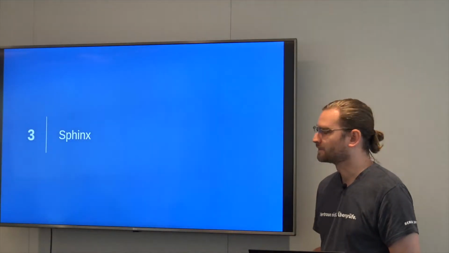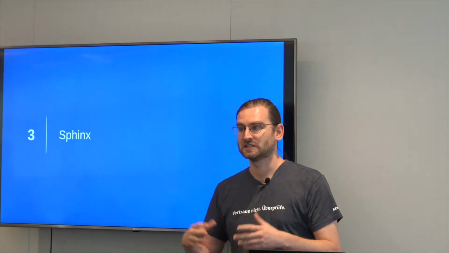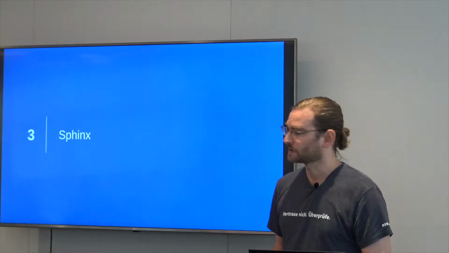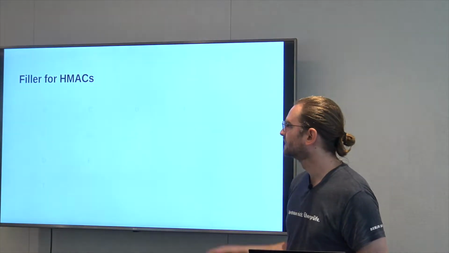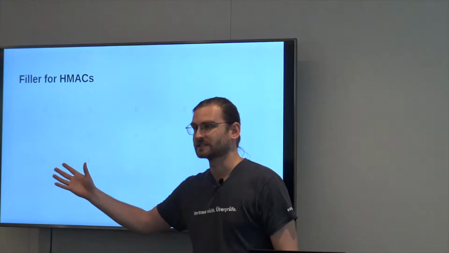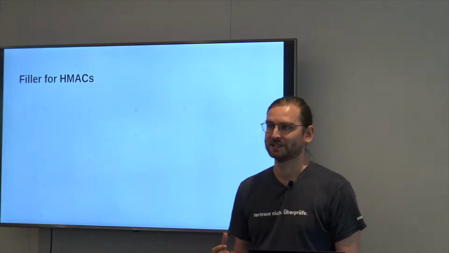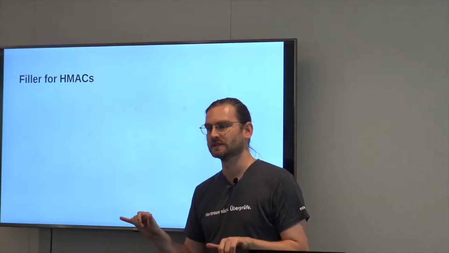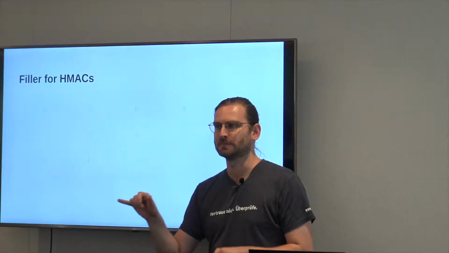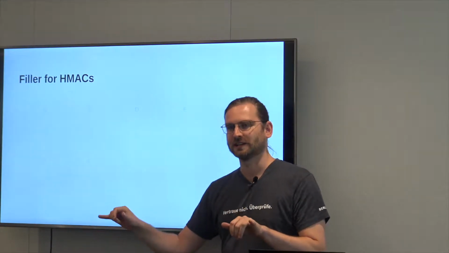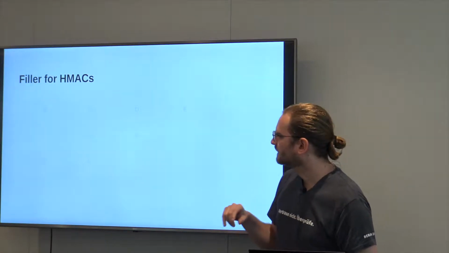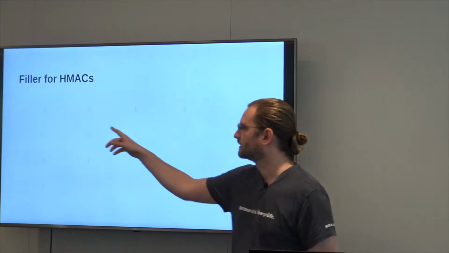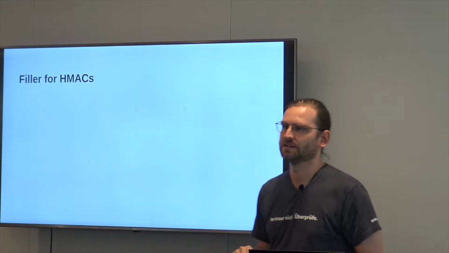Okay, and this brings us to basically Sphinx, the construction we actually use. What we have here is the filler construction, which is really the only hard part in all of this, because it's weird how we use subparts of the stream to encrypt parts of the onion that are trailers. I have a shadowed out version of the clear text payloads here.